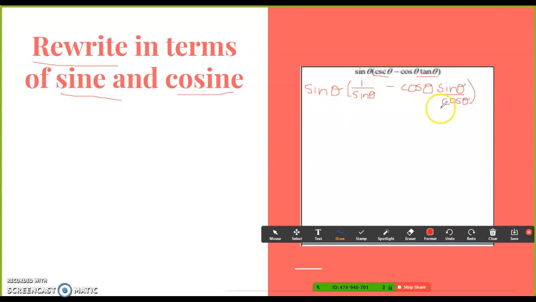From here, I will simplify the expression. Notice that the sine of theta is outside of the parentheses, and this is telling me that I need to multiply this in to every term. Before I multiply that in, though, I'm noticing something else too. It looks like I can go ahead and cancel out these cosines right now.